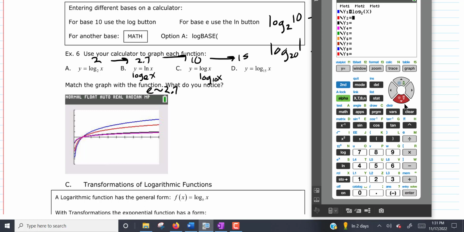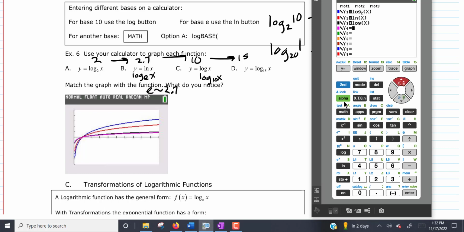Now we're going to put these in order. Go to y2, and put in ln of x. You have an ln button, so you can use that. Go to y3, put in log, which is base 10. You have a log button, so you can just put that in. And then finally, go to y4 and put in base 15. I just want you to see what happens as the bases get bigger.